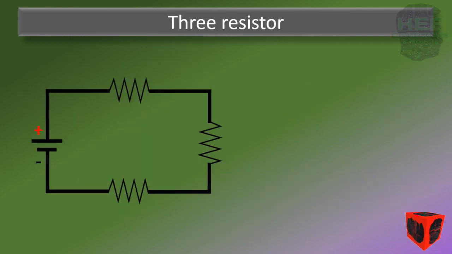Let's try another example to make practice more perfect. This time there's going to be 3 resistors instead of 2. So we're going to call this R1, R2, and R3. Now the voltage of the battery is going to be 24 volts in this case, and R1 is going to have the value of 2 ohms, R2 is going to be 4 ohms, R3 is going to be 6 ohms.